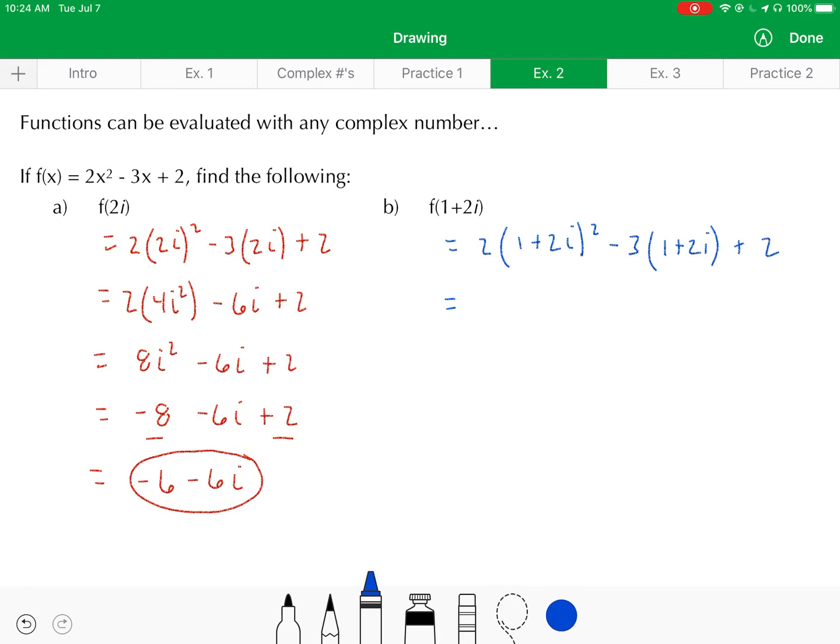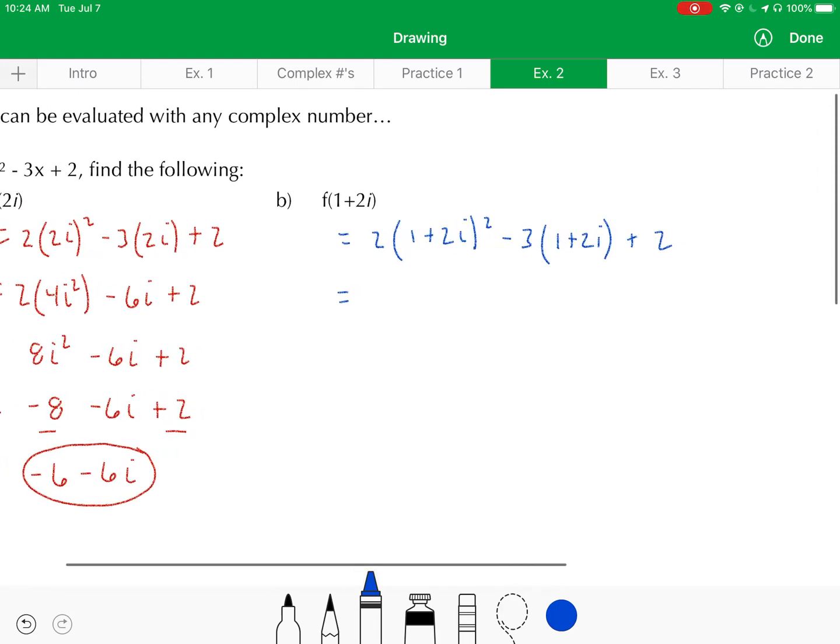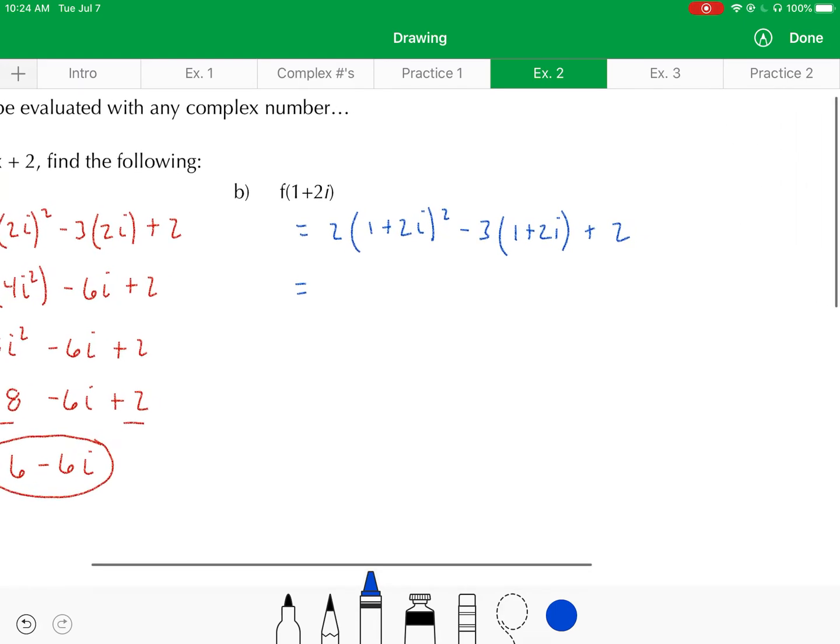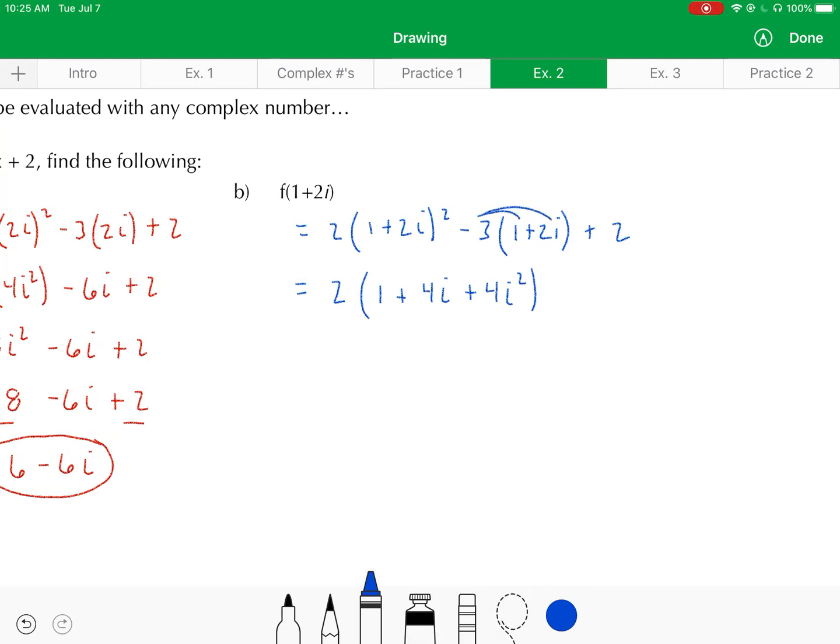Okay, so recall when you're squaring a binomial, you're going to need to essentially FOIL, right? 1 plus 2i times 1 plus 2i. That's going to result in a trinomial of 1 plus 4i plus 4i squared. And then I'll distribute this negative 3 here. Okay. I'll distribute this 2.